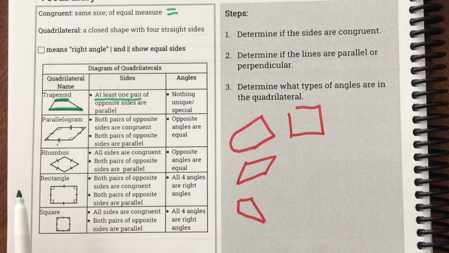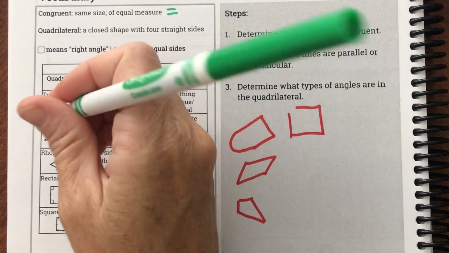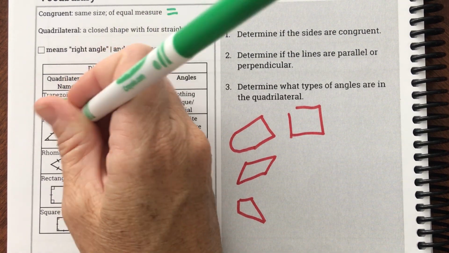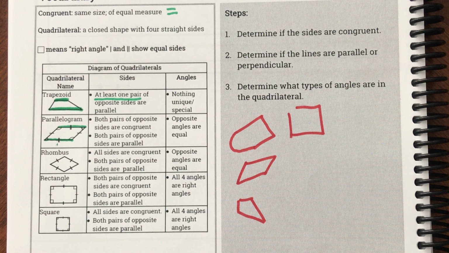Okay, it also says that both pairs of opposite sides are parallel, which means this top line and this bottom line are parallel. Those will never ever touch. And then we also have, I'm looking for a better marker to show you. I'm going to have to use a different color than green.